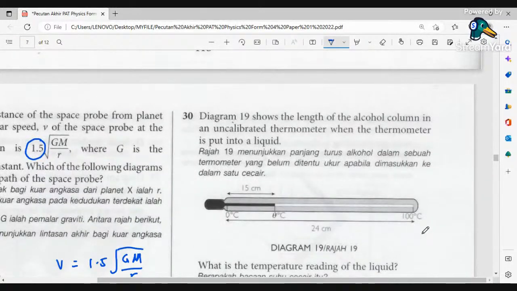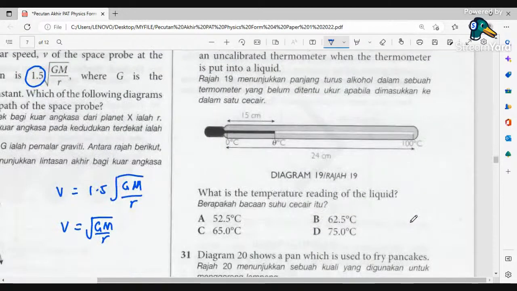Number 30, length of alcohol column in uncalibrated thermometer when thermometer is put into liquid. What is temperature reading of the liquid? Formula: L theta divided by L 100 times 100 degrees.